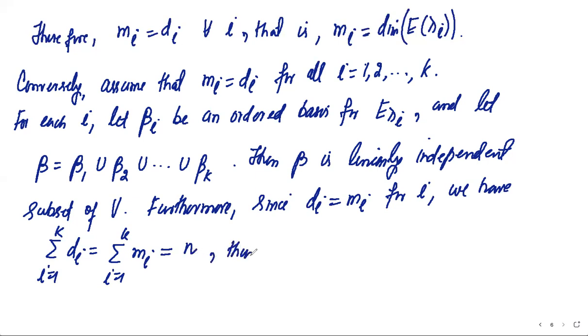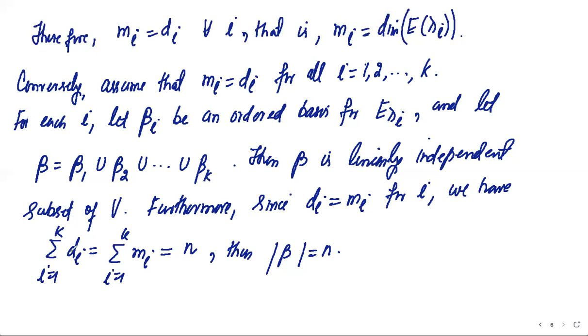So the cardinality of beta is equal to n, because di is the cardinality of beta i. And these beta i's are obviously pairwise disjoint, because beta 1 is a basis of E lambda 1, beta 2 is a basis of E lambda 2, and a single eigenvector cannot correspond to two distinct eigenvalues. So these beta i's are pairwise disjoint, and the order of beta i is equal to di.